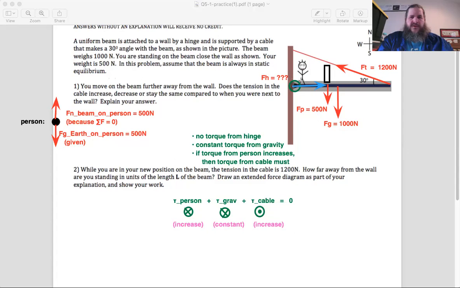In the new location, we know you're still exerting a 500 Newton force on the beam, but you're now at some unknown radius.